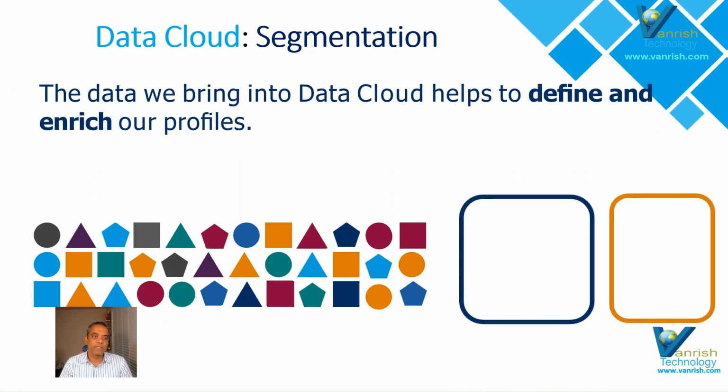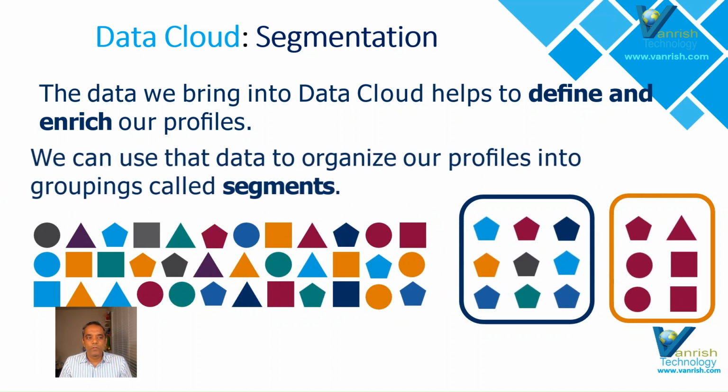So this segment data, which we are now bringing into Data Cloud, helps to define and reach our profiles. Currently this data is not organized and not properly defined, so we are bringing it into Data Cloud and enriching those profiles.